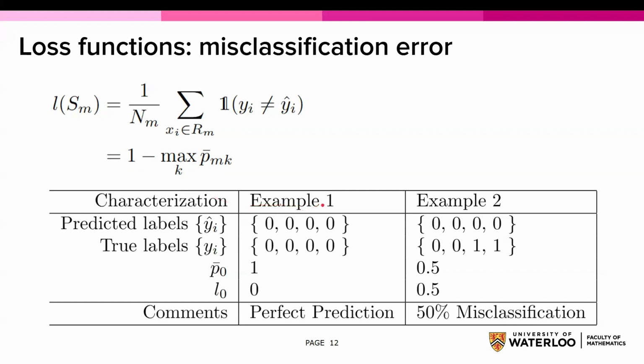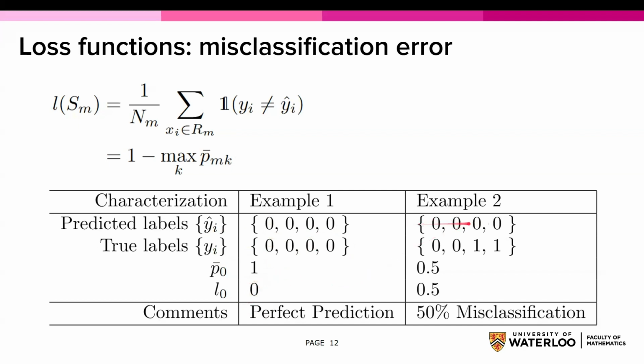To get some intuition here, let's consider a couple of examples. First, consider the case where for a particular region you are predicting all zeros, and all the true labels within that region are also 0. This corresponds to perfect prediction, so the empirical fraction is 1, and the loss is 0.